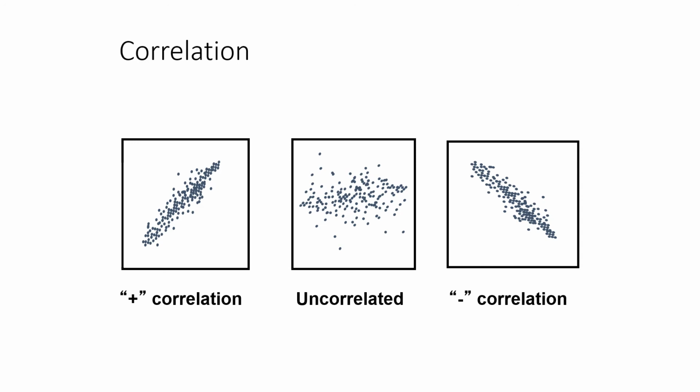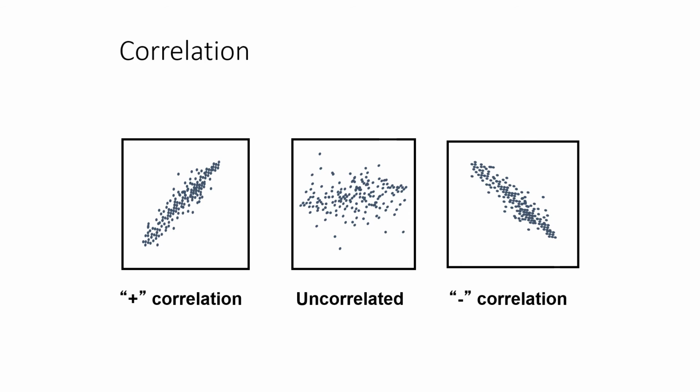So instead of a slope that's positive, we can have a slope that's negative. An example of an anti-correlated function might be strength and age. And certainly as people get older, they get weaker. And so we would see a negative correlation.